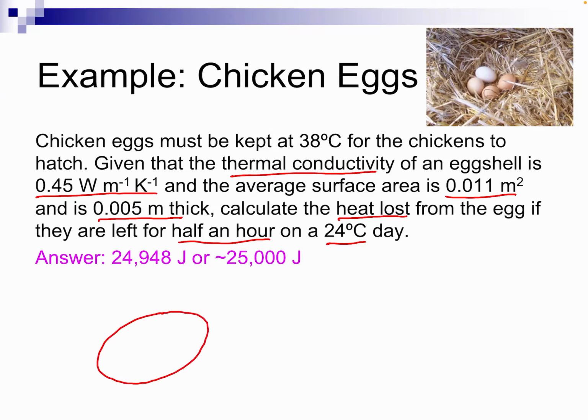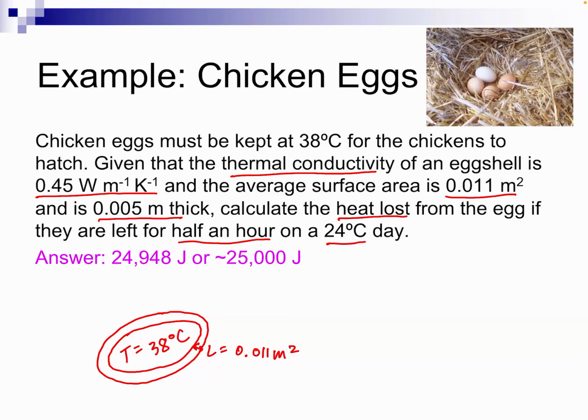Right, so you have that egg. I'm drawing how thick the eggshell is quite exaggeratingly. So you have the egg, the thickness of the eggshell. The egg needs to be kept at 38 degrees Celsius.